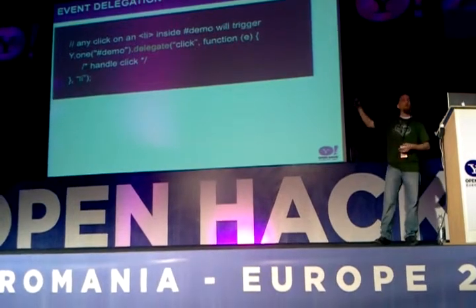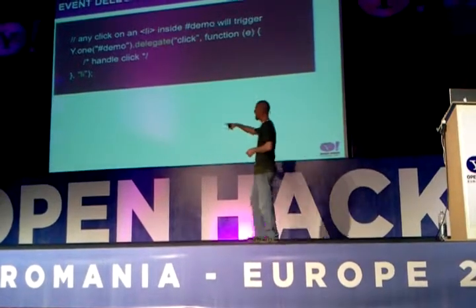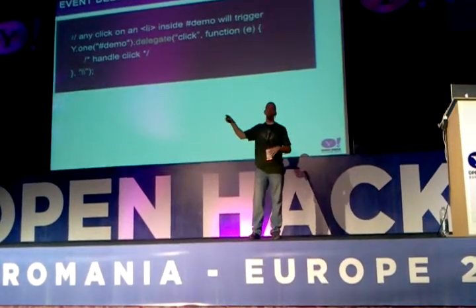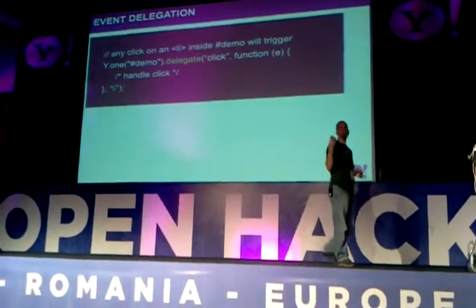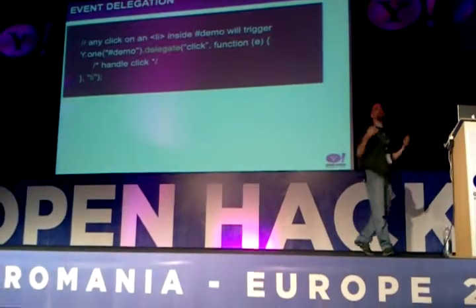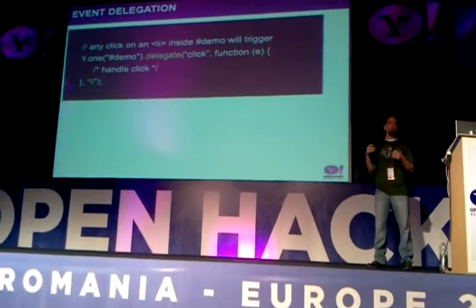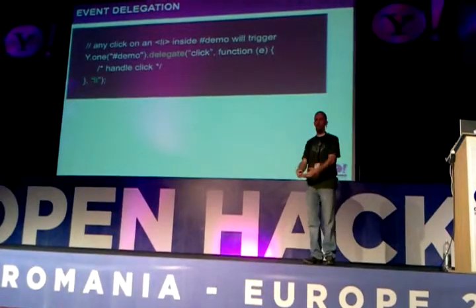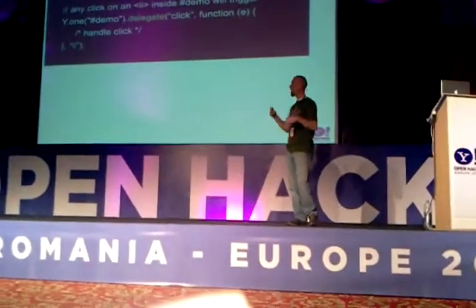What the delegate method adds is this third argument here. At the end, you see the string li. Now that's actually a CSS selector. It can be any CSS selector. In this case, it's a simple li selector. So anything inside of this demo container that is an li, if you click on anything inside the demo container and that event bubbles up inside an li, then it'll fire this callback.